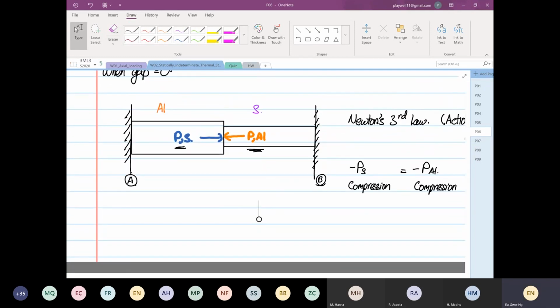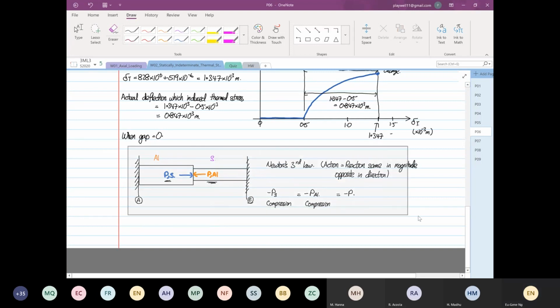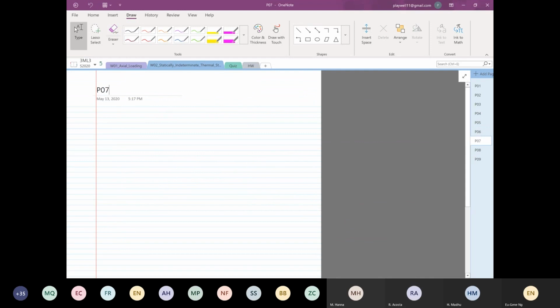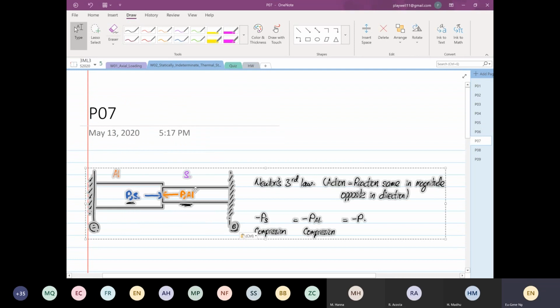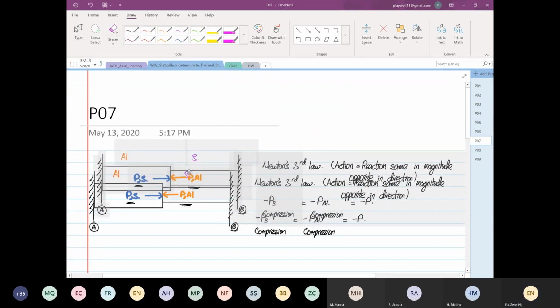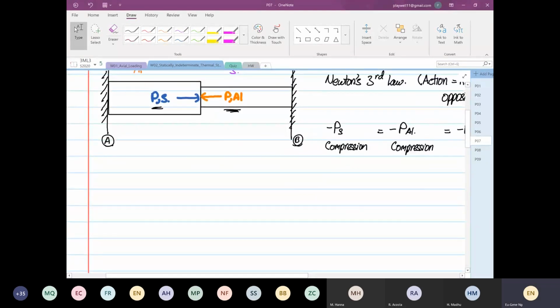Oh, end of page. Okay, I'm going to copy this structure. And we're going to go here. Okay, so what you see now is we're going to apply that. Okay, this is due to the load is PL over what?